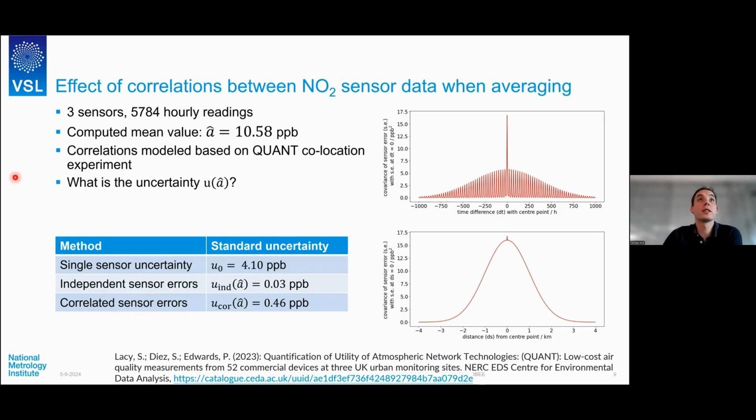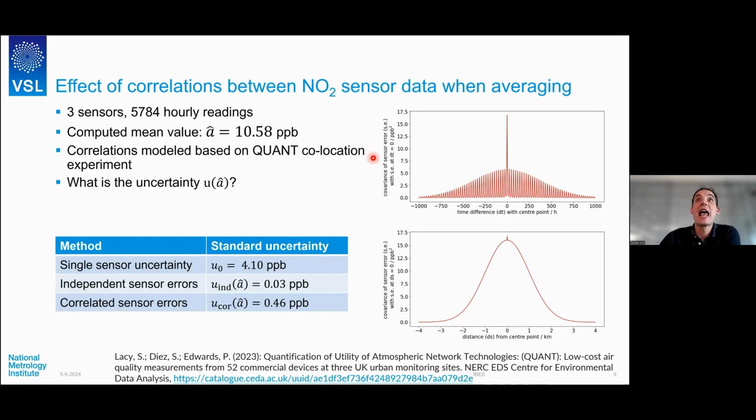Then you can compute, of course, a mean value. But then we had to calculate what is the correlation in the uncertainty of this sensor. First there's a very low uncertainty reference sensor collocated. So first we determined or estimated a single sensor uncertainty, which is a bit more than 4 ppb, just based on this comparison.